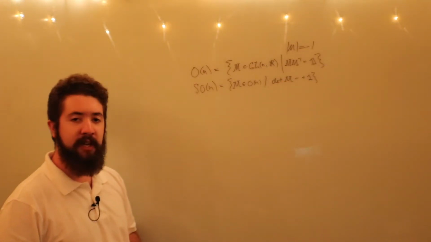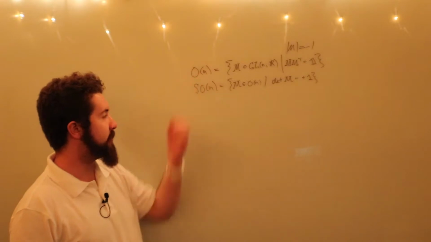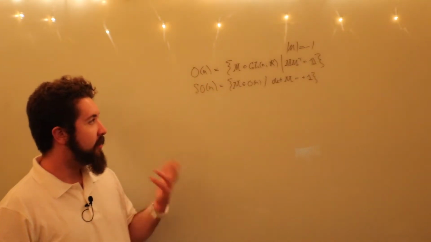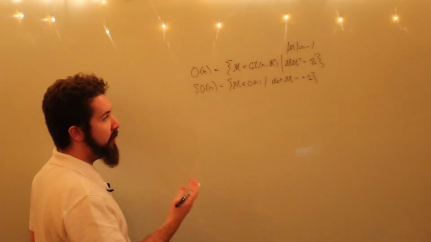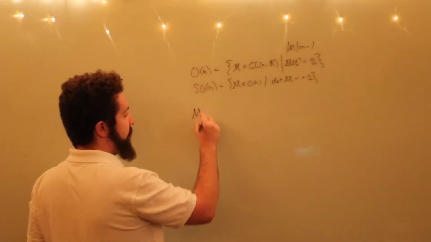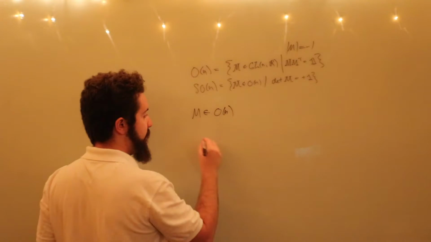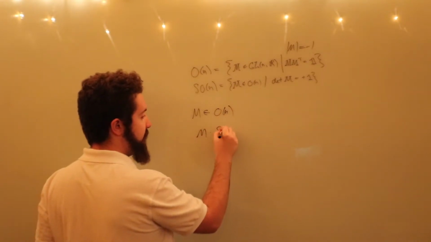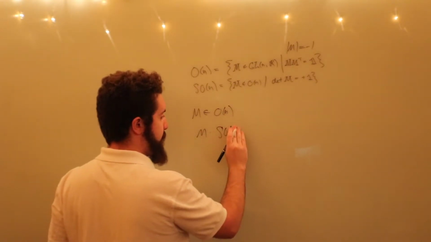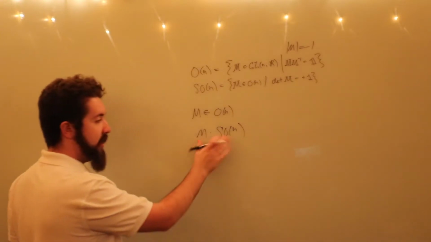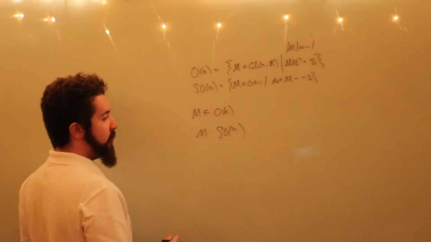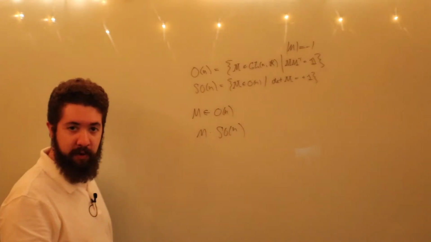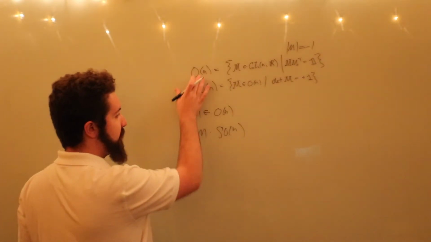Well, if we want to look at cosets of this group in this group, then let's just look at a general matrix in the orthogonal group. Obviously, for any M in O(n), M times SO(n), the left coset of SO(n) in O(n), is clearly also going to be an orthogonal matrix because this is closed.